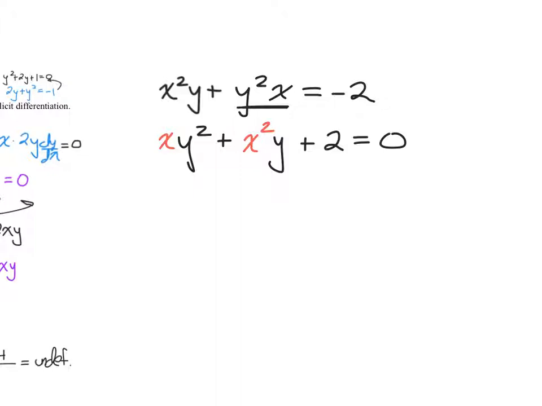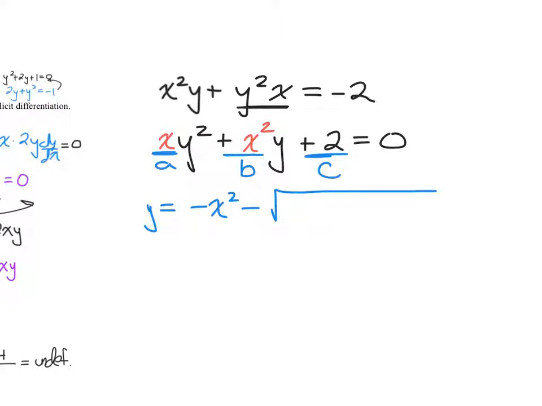All right. So this would be my A term, my B term, and my C term. So y would be negative b minus the square root of my b squared, so x squared squared, minus 4 times my a term times my c term, all over 2a.